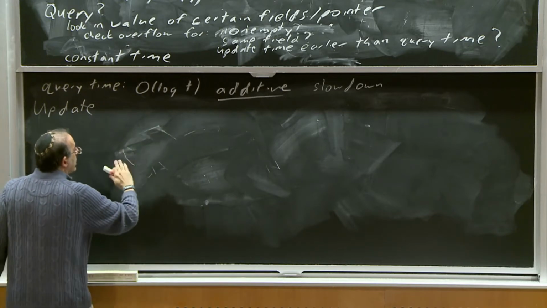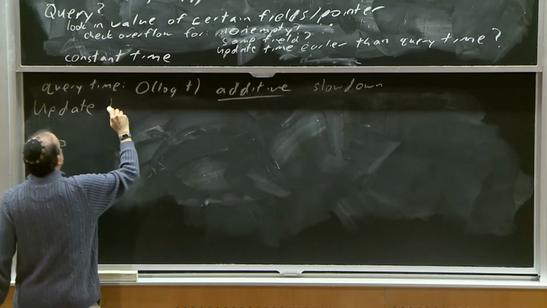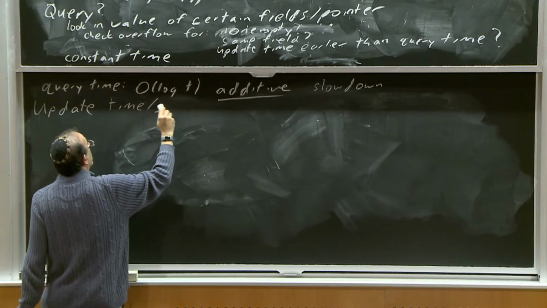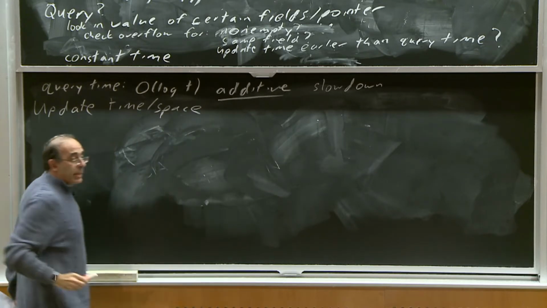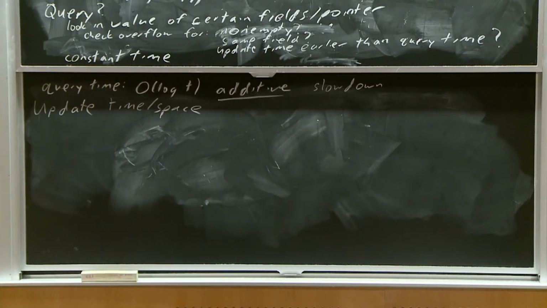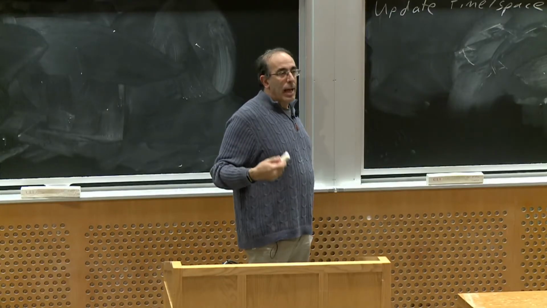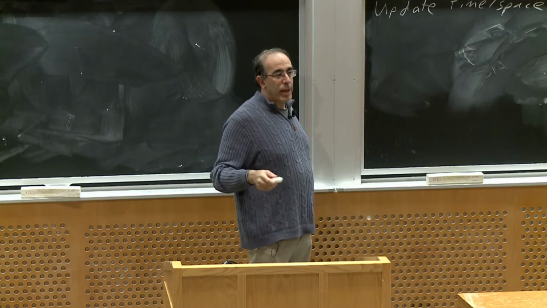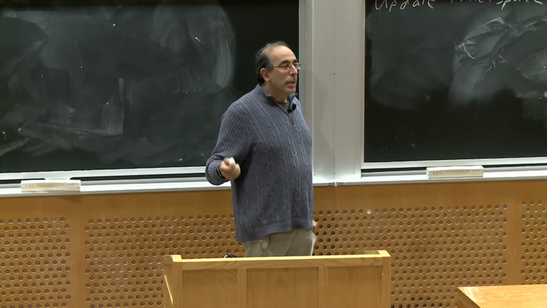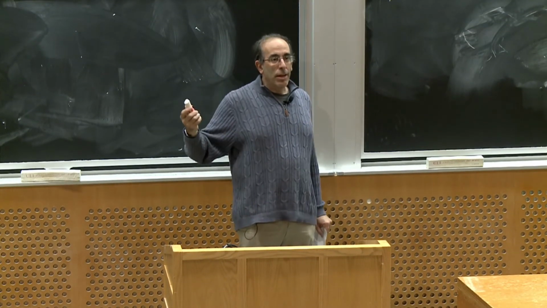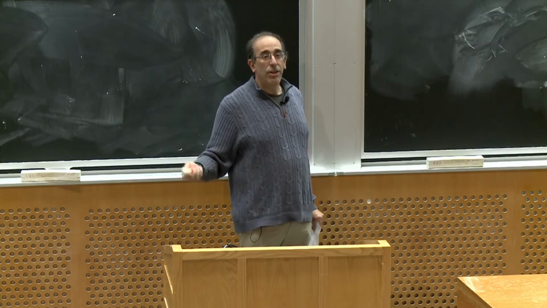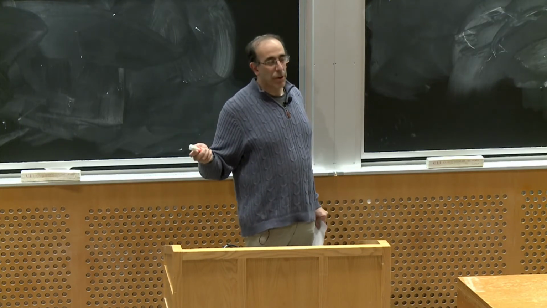And the analysis that I'm going to do applies equally to the update time and the update space. How much of each is used by an update? And again, what I'm asking is, how much time or space is used by an update to a single field? In a data structure update, you'll do many of these field updates and several field queries, right?